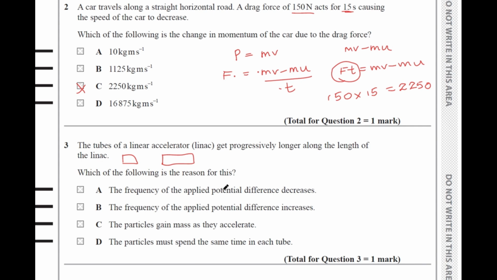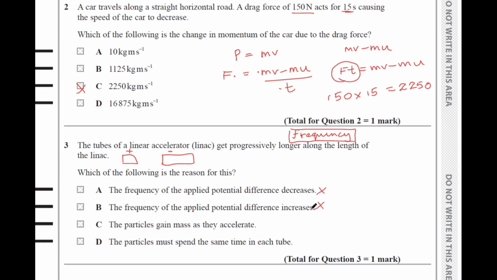So remember, when it comes to LINAC, the polarity of the drift tube changes, and the frequency at which this polarity changes is constant. So frequency remains constant throughout. So when you read the first two sentences, it's obviously wrong, because in one sentence it says frequency decreases, in the other sentence the frequency of the applied potential difference increases.